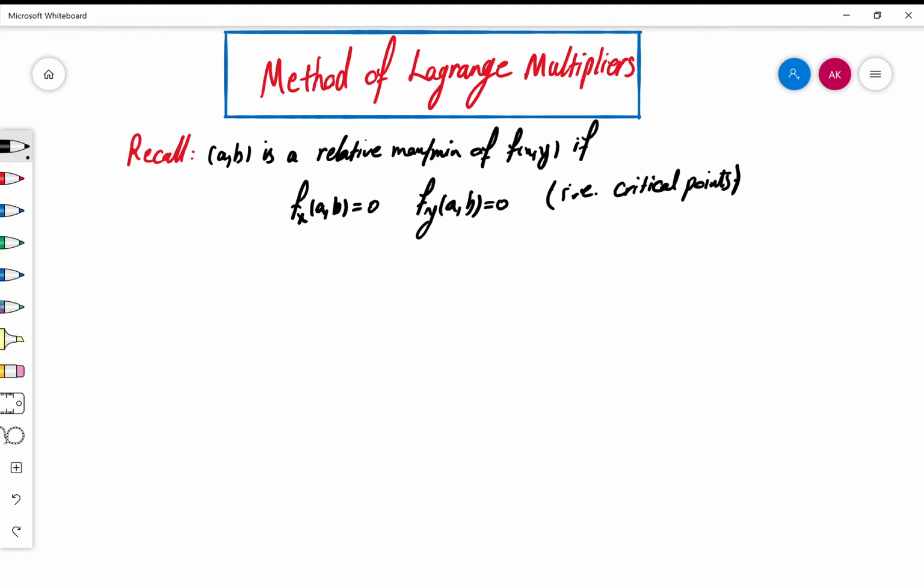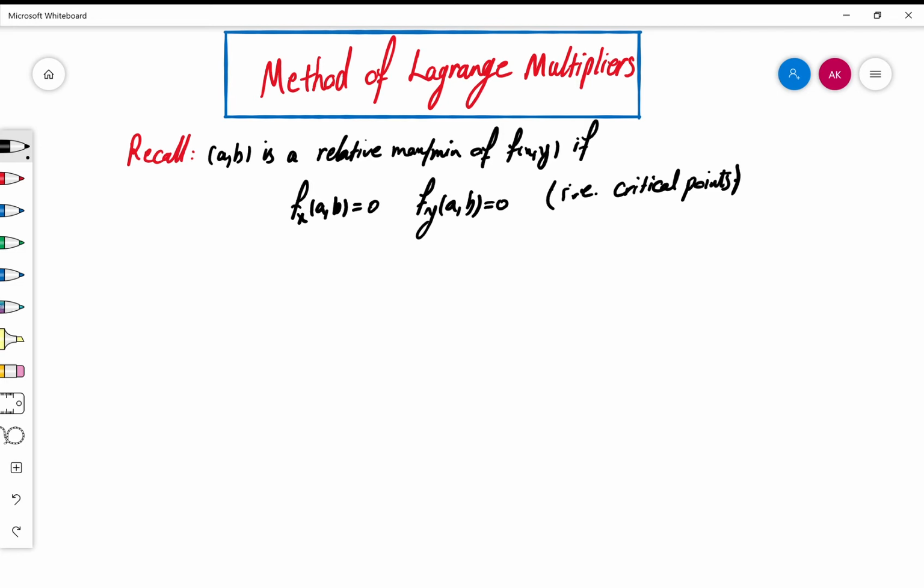This fact from regular optimization gave us a very strong tool when looking for relative max or min of a function with two variables. Go ahead, find the critical points first, and then check those points.